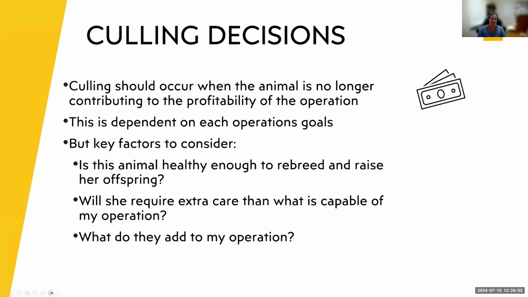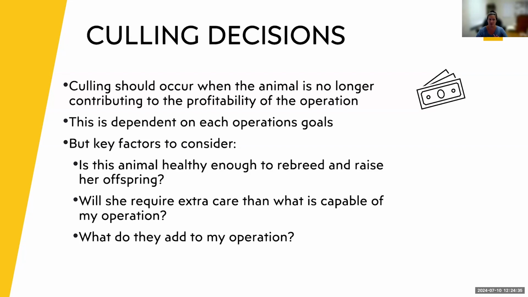Okay. Great. So thanks, Melinda, for going over selection. She was talking a lot about how to decide what animals you want to keep in your flock or herd. And now I get my turn to talk about which ones we're going to send down the road. So I'll be talking about culling. Obviously those are the animals that are really no longer contributing to the profitability of your operation, right? And so each operation kind of has to decide at what point that animal is no longer beneficial to their herd or flock.